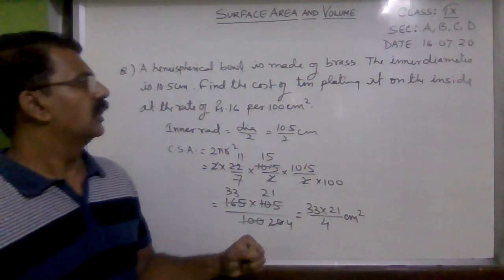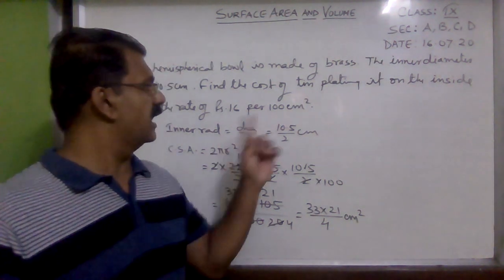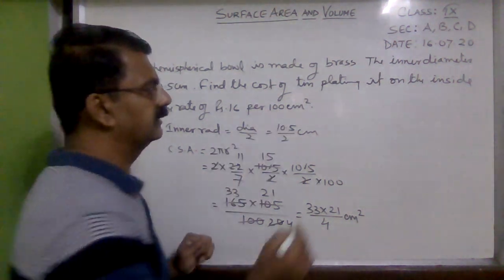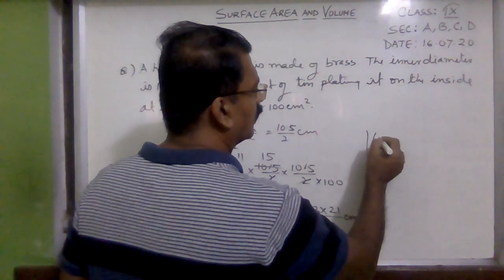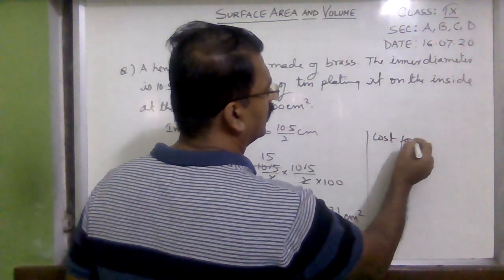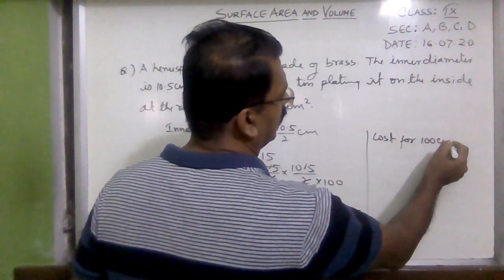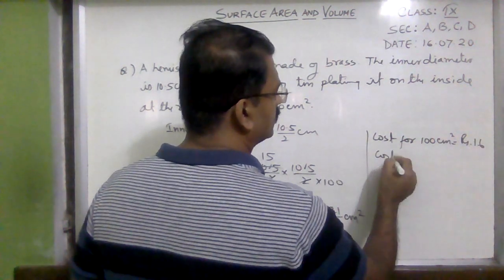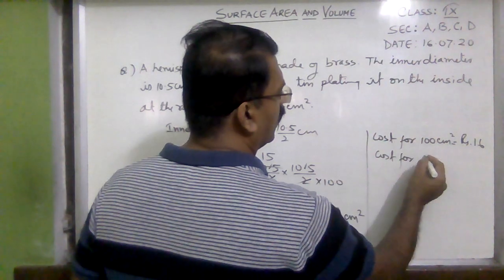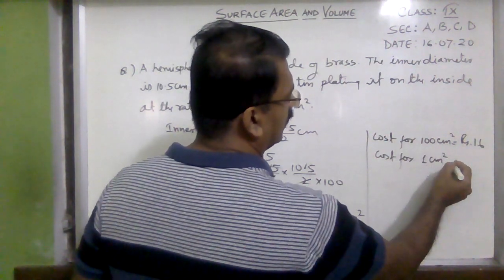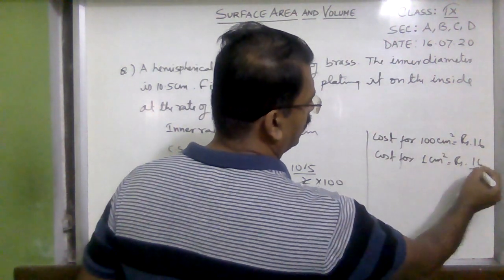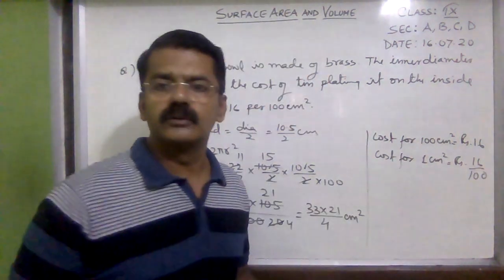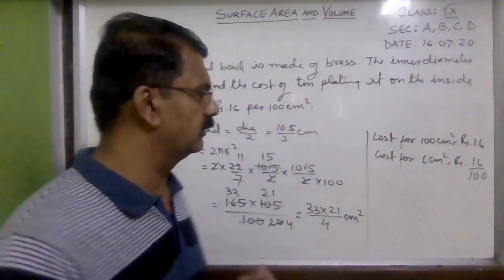Cost of tin plating 100 centimeters square is rupees 16. Cost for 1 centimeter square will be rupees 16 upon 100. We are using unitary method here, you can see.